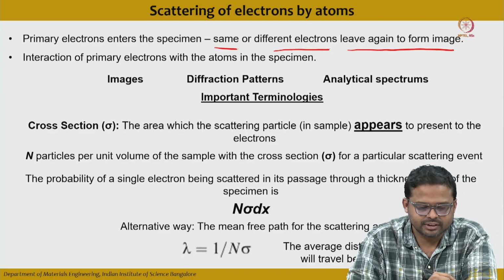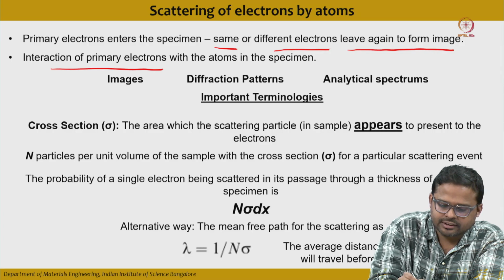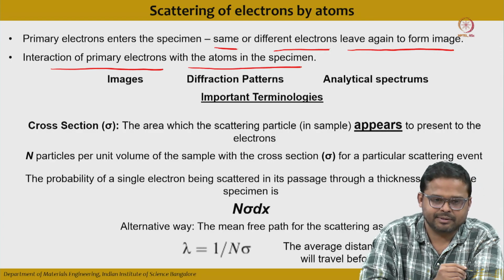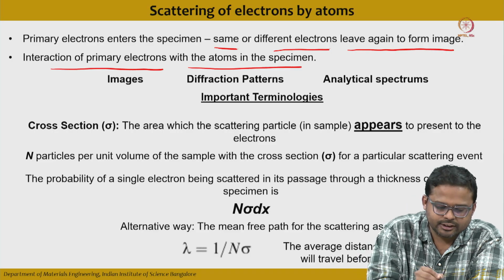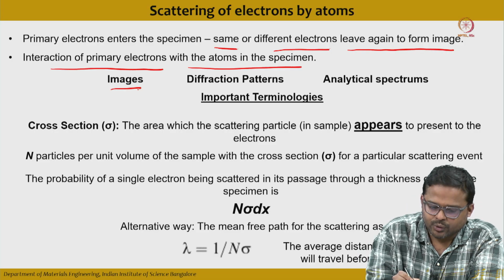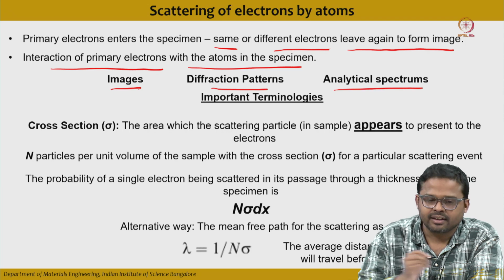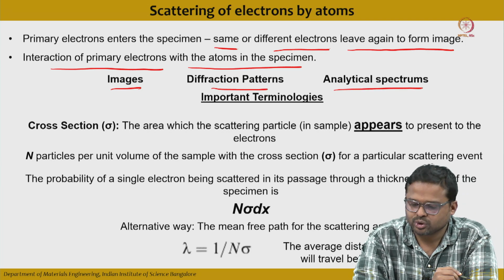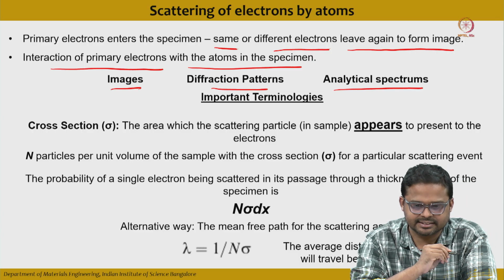Usually these are used for secondary electron imaging. This is the interaction of primary electrons with the atoms in the specimen. With the interaction of these electrons, you will produce images, diffraction patterns, and also other radiations which are used for analytical spectra, for example compositional analysis.